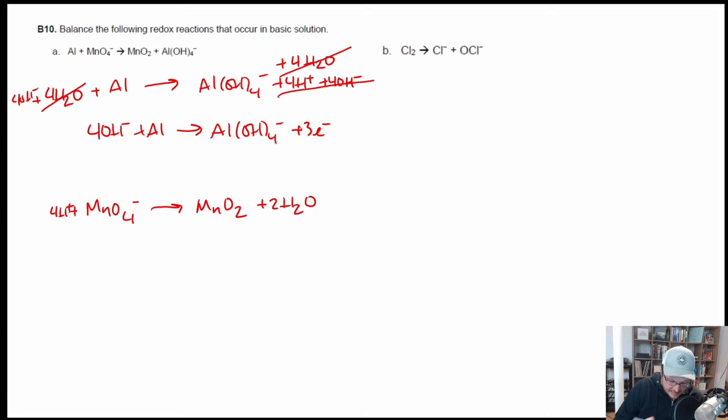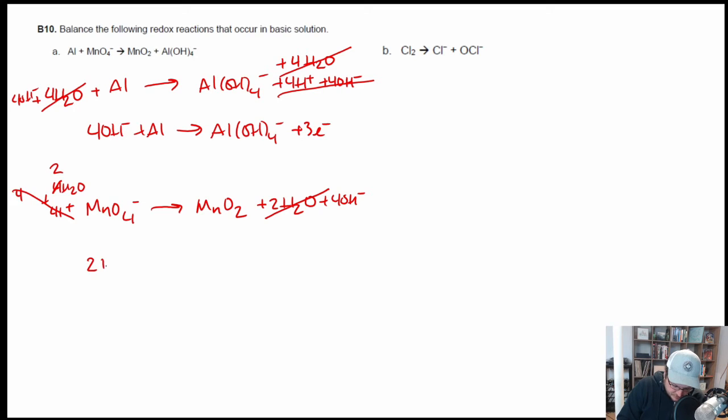So we've done that. Next, we add the hydroxides to neutralize the H plus on one side. We're going to throw in 4 OH minus on the left and plus 4 OH minus on the right. These neutralize each other, so that becomes 4 H2O, and now we can balance that out. So these H2Os are gone, and this is now 2 H2O.